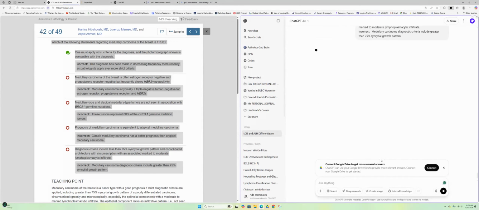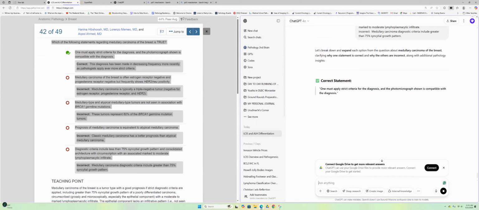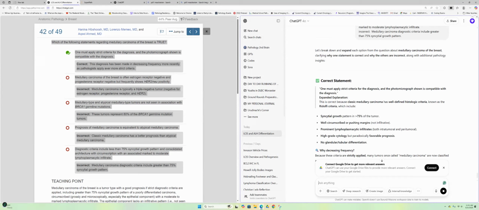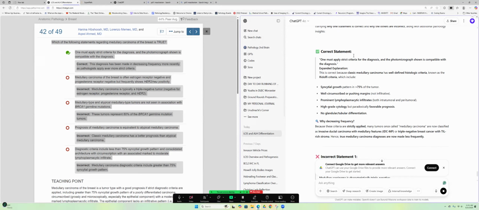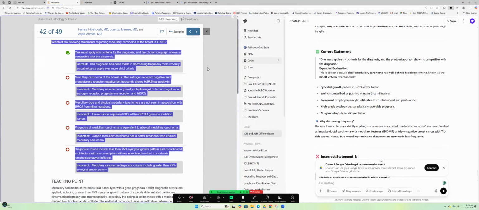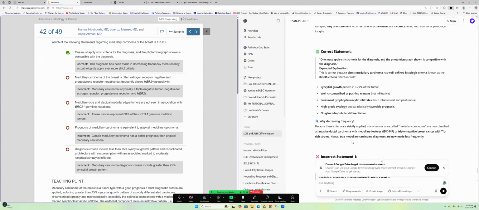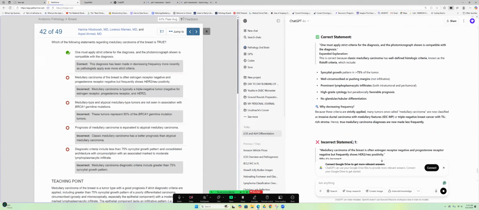Medullary breast cancer is estrogen negative and often progesterone negative, but frequently shows HER2 positivity. It is usually triple negative. That option B is not correct. Look at it from here. The correct statement is usually triple negative.